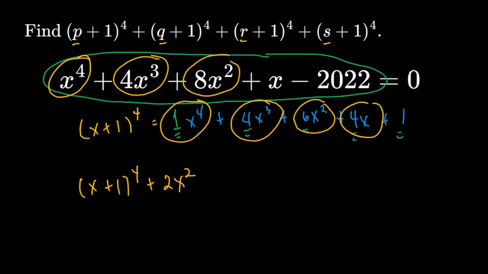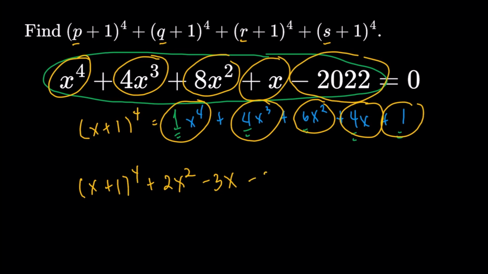Now we have 4x, but we only need x, so we subtract 3x, and then we have 1, but we need negative 2022, so we subtract 2023, right? I just manipulated it. I brought in x plus 1 to the fourth, and then added and subtracted the terms so that it's the same. So I didn't change the left-hand side.